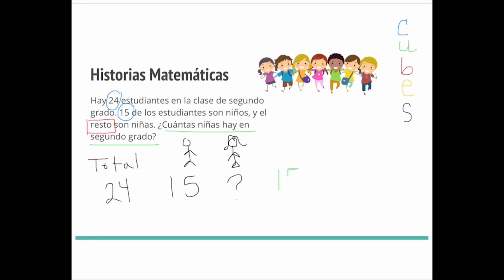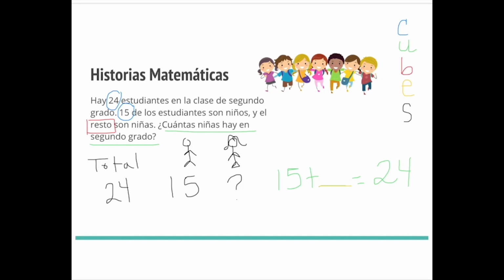Esto quiere decir que 15 niños más niñas es igual a 24. ¿Qué número podemos aumentar a 15 para llegar a 24?